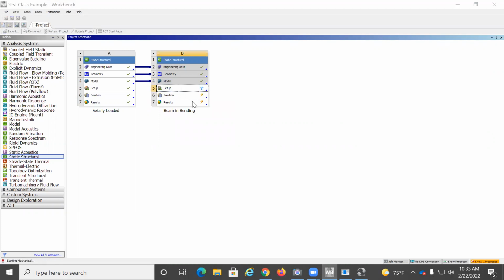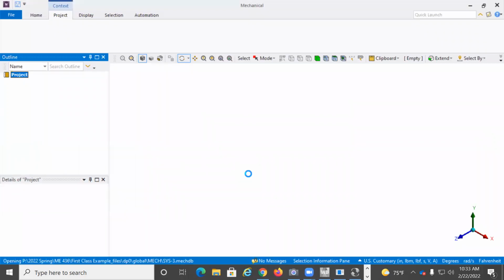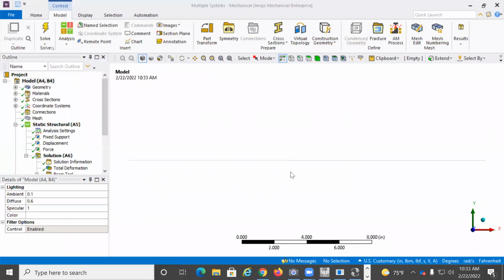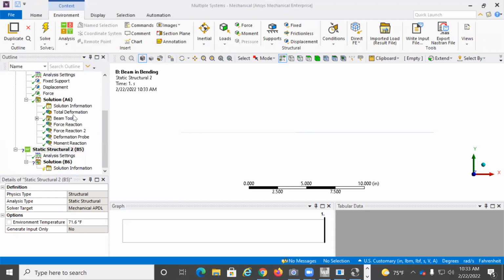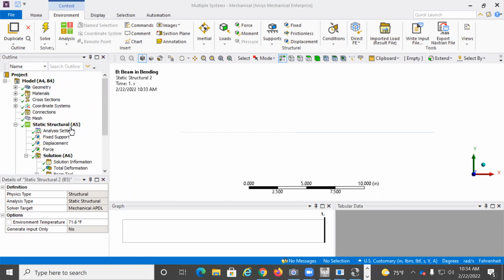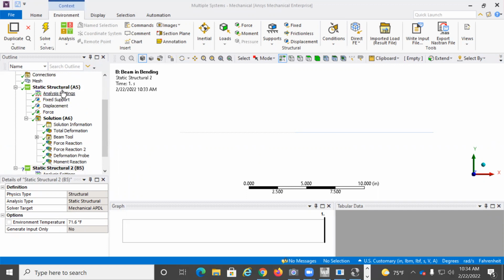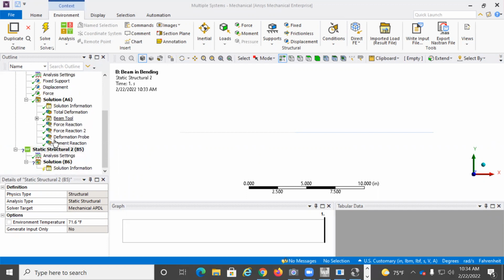I think I need to double click setup, not model, because the model is just copied over. So we're not changing the model, but we are changing the setup. So here, this is launching. And please do not get confused because it's still keeping the first static structure with its loads and solution. They're overlapping here. And then here is static structure 2, the new one that we want to define.